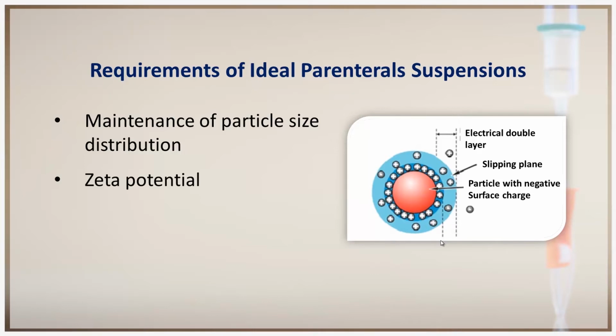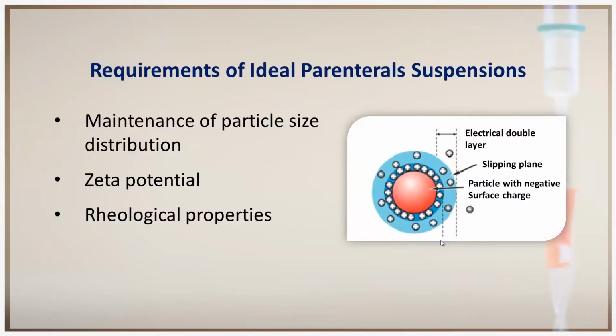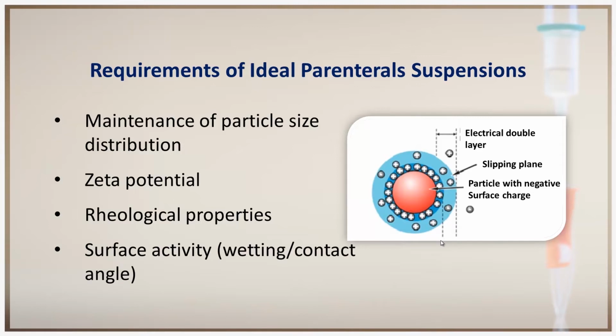Zeta potential is important as it contributes to the stability of suspension. Then rheological properties: the stability of suspension increases on increasing the viscosity. So, by adding some amount of protective colloid, for example sorbitol or any other suitable protective colloid, the suspension can be stabilized.